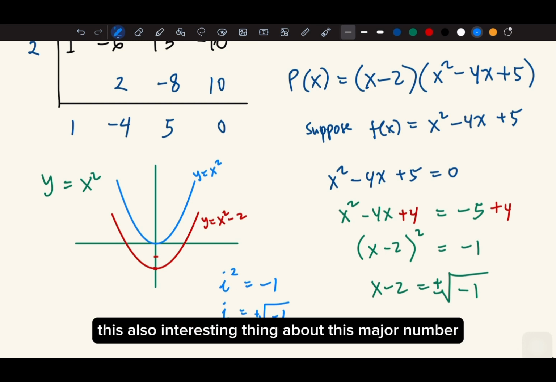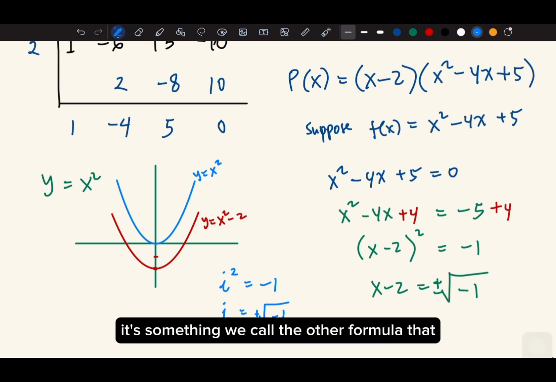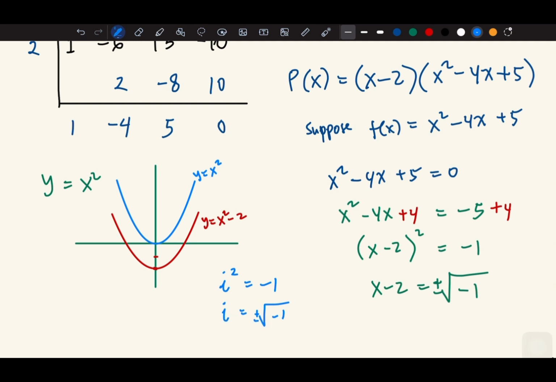There's also an interesting thing about this imaginary number. It's imaginary, but we can find the relation between the real number and the imaginary number. It's something we call the Euler formula, but I don't think you need that for now, but you need to know later on.